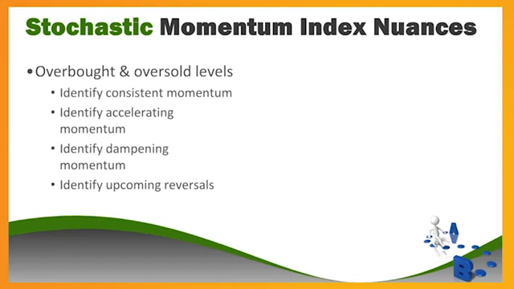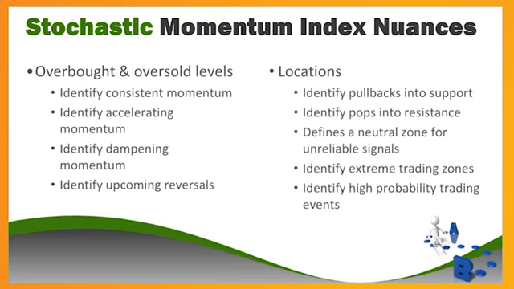And also the overbought and oversold levels, when they get into really extreme spaces, they really identify the potential for upcoming reversals. Here's another nuance that a lot of folks don't think about. The locations that the SMI sits in gives us an idea of what it is that it's most likely to do.